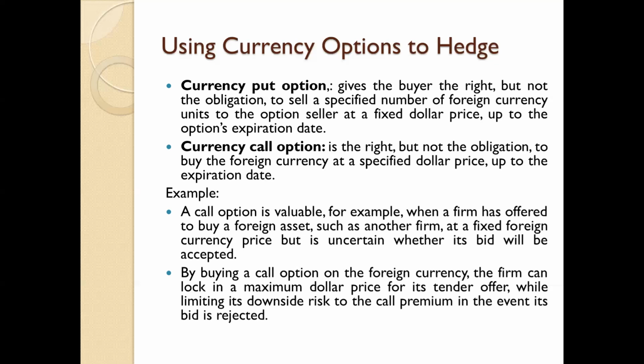So the transaction uncertainty is there. Therefore, it is better to go with the option. If the bid is won, they can exercise the option. But if the bid is rejected, they will simply let the option expire.